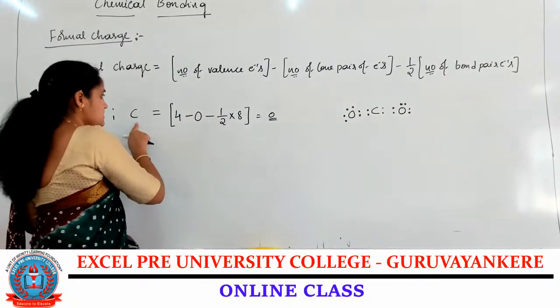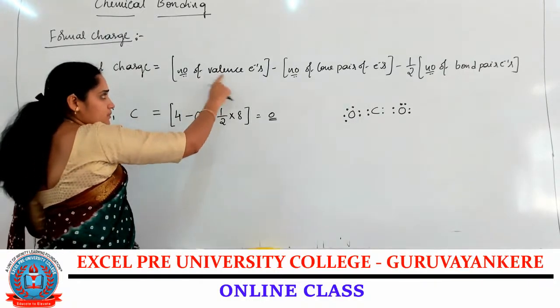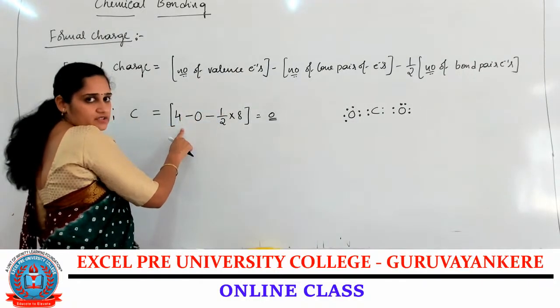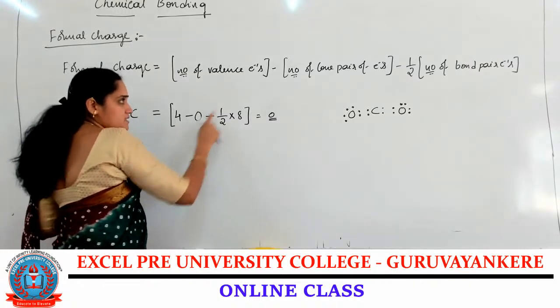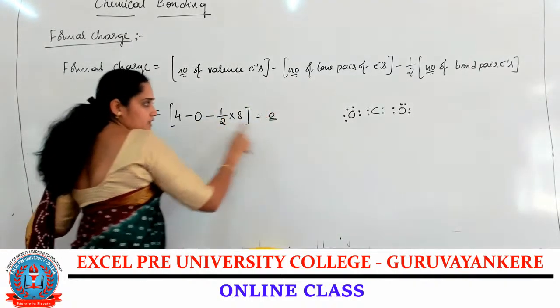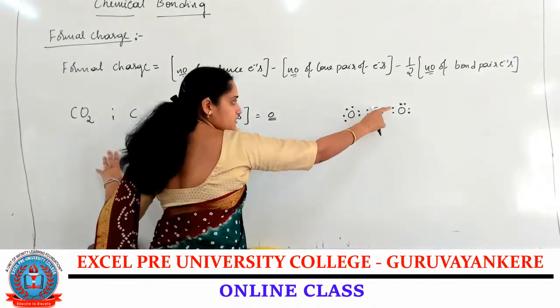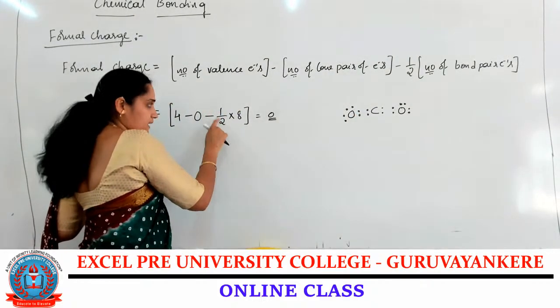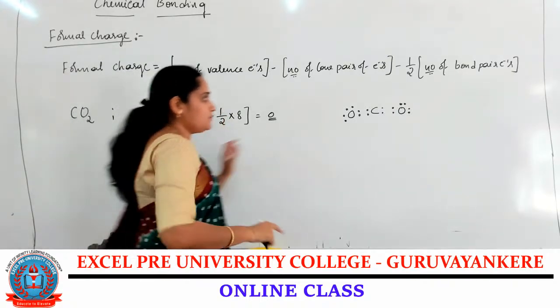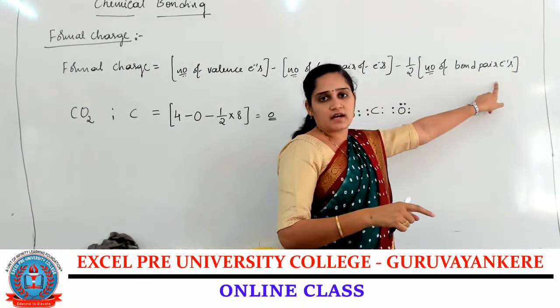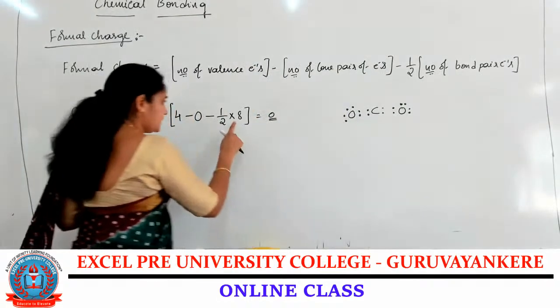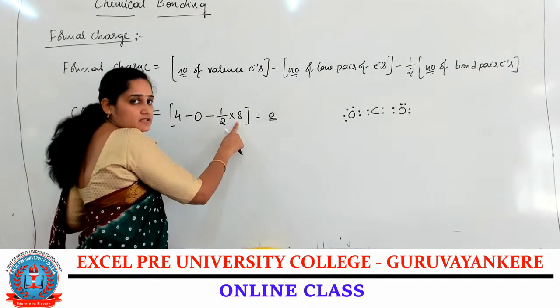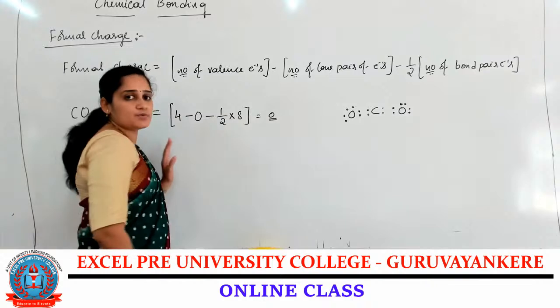The number of valence electrons for the carbon atom is 4, minus the number of lone pair electrons on carbon, which is 0, minus half into the number of bond pair electrons on the carbon atom. In total 8 electrons are present, 4 pairs, 8 electrons, so that is equal to 0.